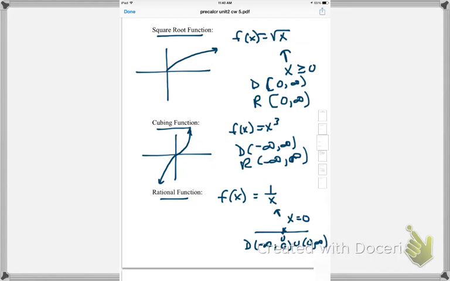Because we take the 0 out, we will never be able to get a y value of 0 either. There is nothing we can put in for x that would give us a y of 0. So therefore our range is also going to be the same thing. In this rational function, your x and your y-axis are actually natural asymptotes, and your function will go like this.